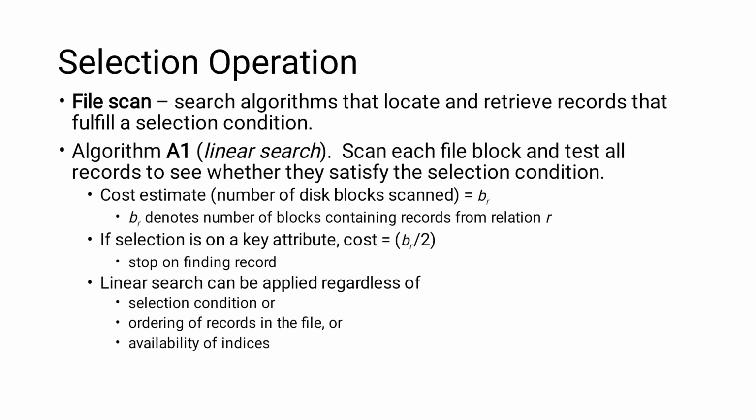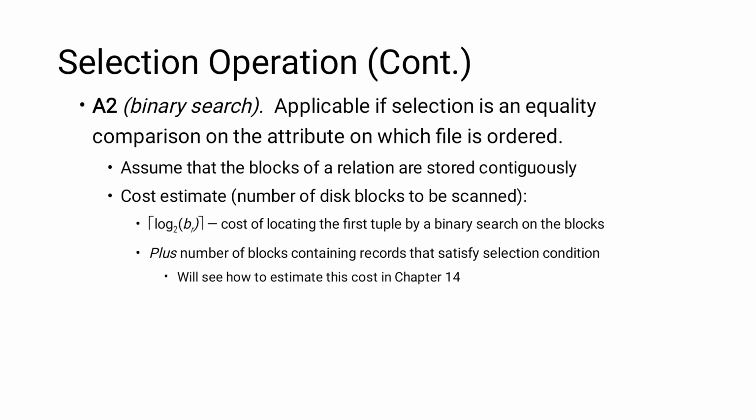The advantage of the linear search algorithm is that it can be applied to any file, but the disadvantage is that it is very slow. And the next algorithm is A2, binary search.